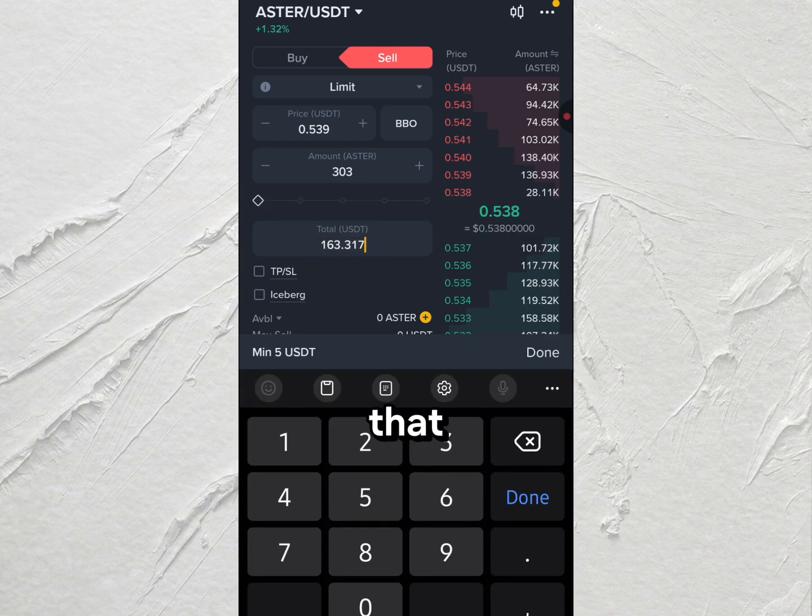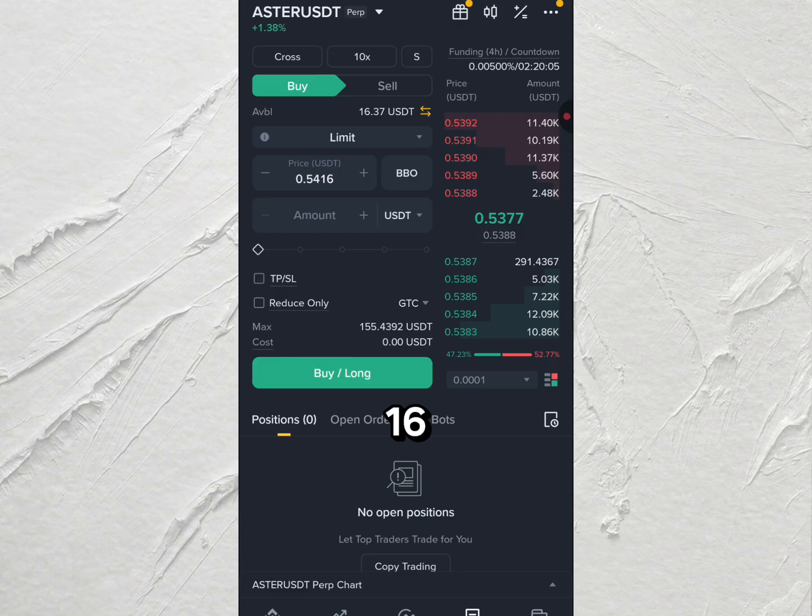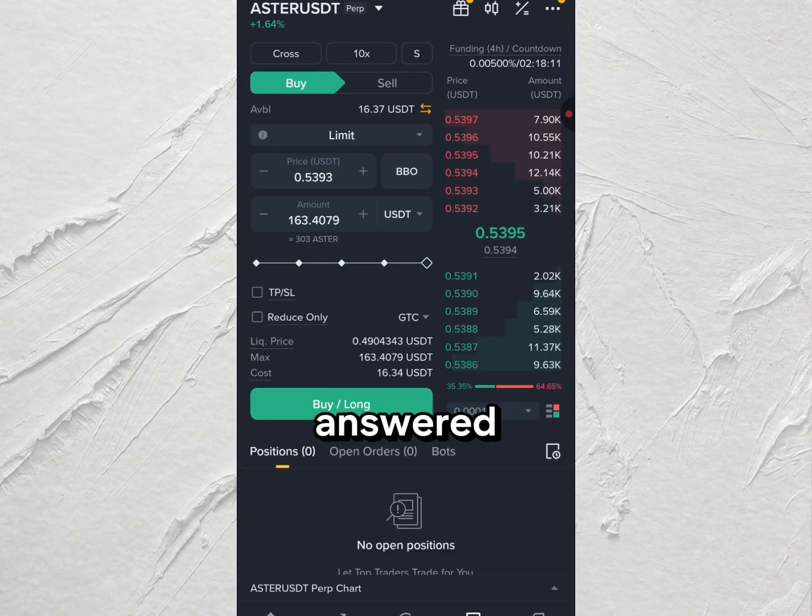So with your initial $16, you can buy as much as 303 ASTA with the help of leverage, or equivalent to $163. So I've answered how to calculate leverage, and the position size has automatically answered itself, as you can see there.